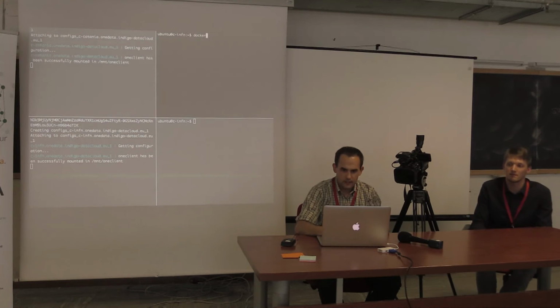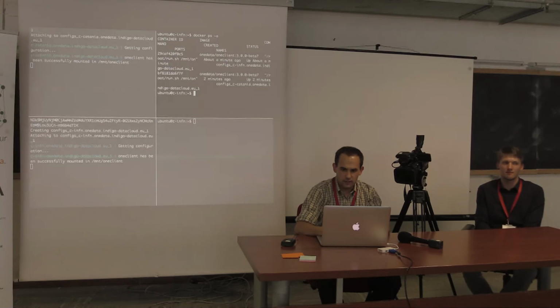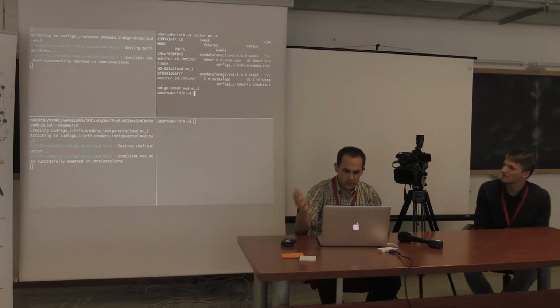Okay. So I've logged into this machine, and as I mentioned, this is a single VM, but running two clients in two containers. I will exec into the container, so docker exec -it.